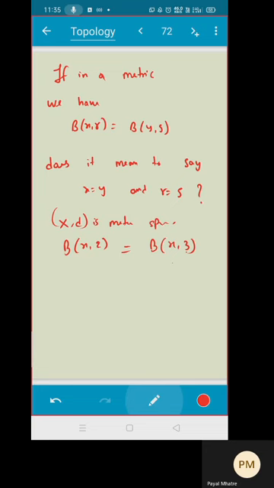You can put some value then. Sir, even if we change to B(y, 3), then also it will be the same set. Correct. If you take any value different from x, then also it will be the same set. Do you agree? Good.